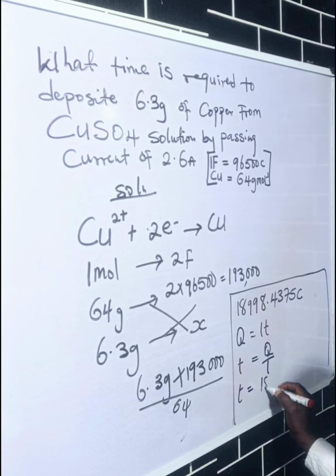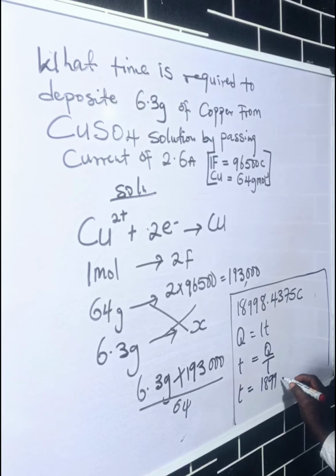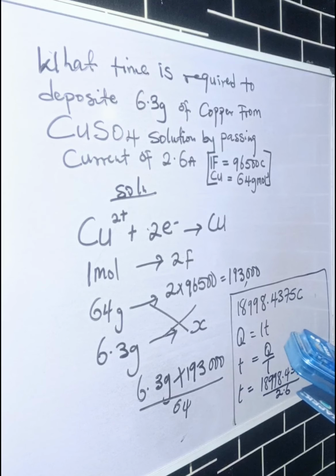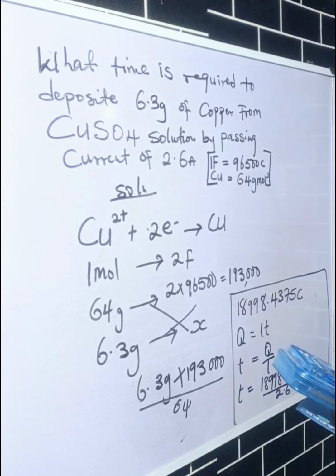Then our time is equal to this particular number, 18,998.4375, divided by the current they gave us, 2.6 ampere. Let's divide by 2.6.